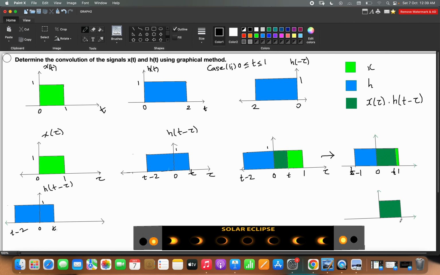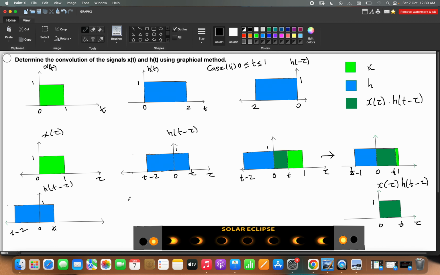The ending point of the overlapping region will be t, and the starting point of the overlapping region will be 1, and the amplitude of the overlapping region throughout the time period is nothing but 1. And this can be considered as x of tau h of t minus tau.